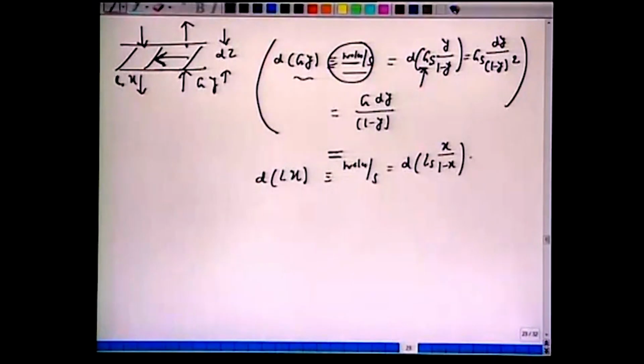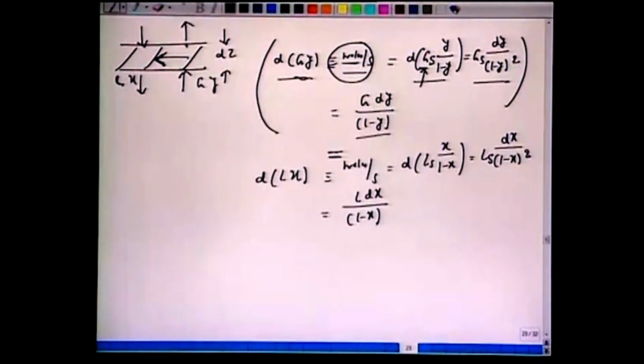Look at the analogy. It is the same: Ls dx over (1 minus x) squared, which will also be equal to L dx over (1 minus x). So, all these quantities are equal to each other, because that is your species balance under steady state.